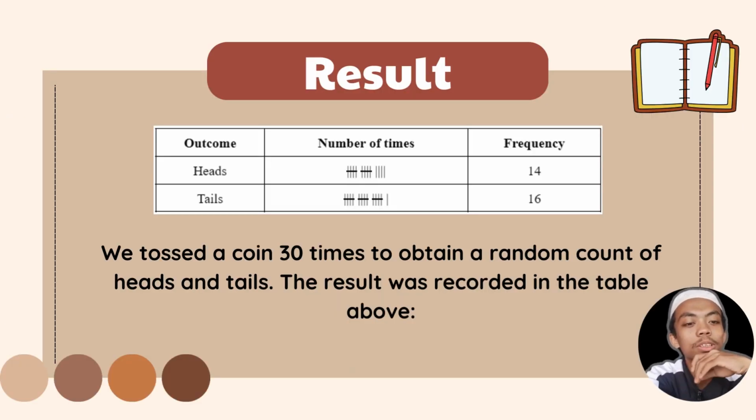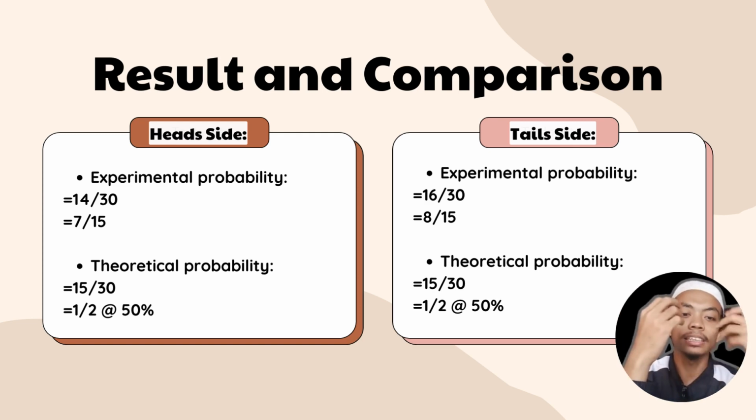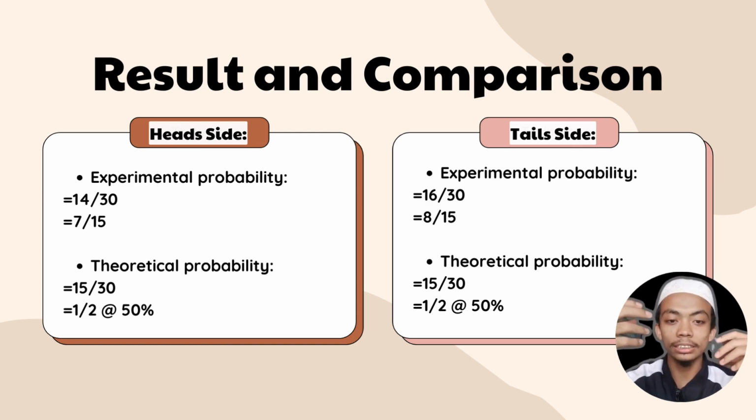In this part, I will talk about the findings and calculation for our experiment. We tossed a coin 30 times to obtain the random count of heads and tails. The result was recorded in the table above. Now I will talk about the result and the comparison for the head side and tail side. For the head side, there is the experimental probability and the theoretical probability.